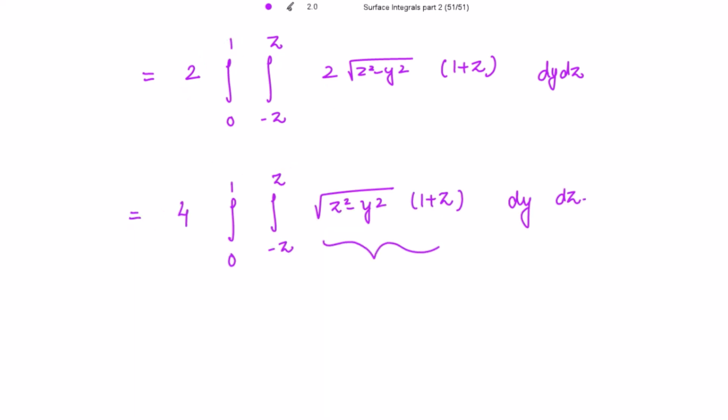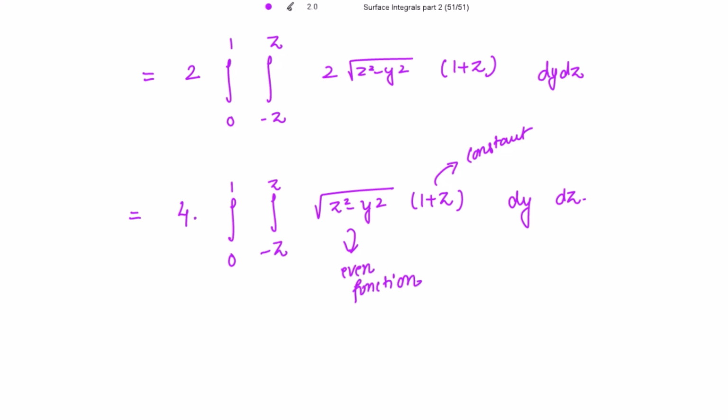And now we need to integrate this integrand with respect to y. Because we are integrating with respect to y, this (1 plus z) becomes constant again for this integral, and this is an even function.